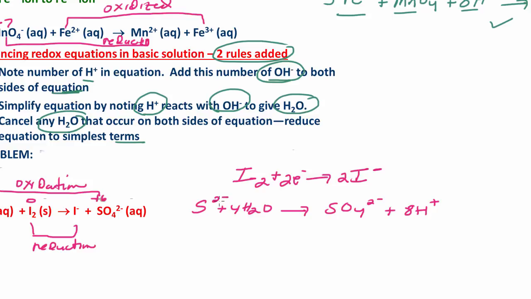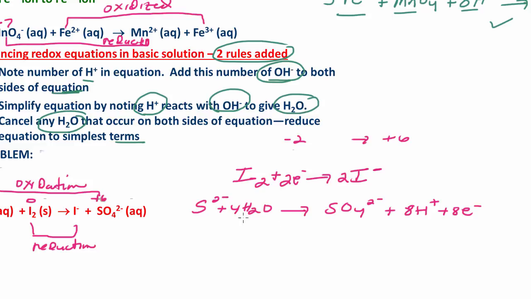Here we go from a -2, and the sulfur here is a +6. A -2 to a +6 means that I need 8 electrons, because we're going from a -2 to a +6, so that's 2 plus 6, 8 electrons. We'll put that on this side.